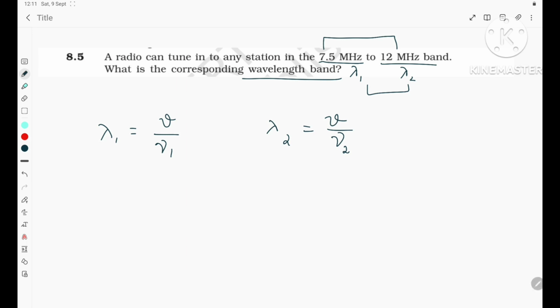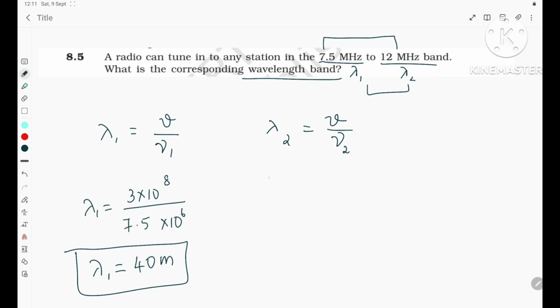So here lambda 1 is equal to 3 into 10 to the power 8 divided by nu 1. The frequency given is 7.5 megahertz, so mega I can write as 10 power 6. From this, lambda 1 works out to 40 meter. And lambda 2 will be equal to 3 into 10 power 8 divided by nu 2, which is 12 into 10 to the power 6.